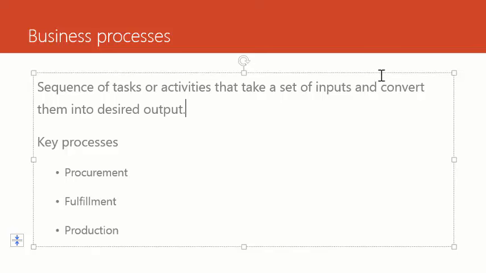That desired output can be either a service or a product. Some of the core processes that every company will have are procurement, which is buying from another company. It can be buying raw material, it can be just getting consulting or training. Fulfillment is selling, and production is manufacturing.